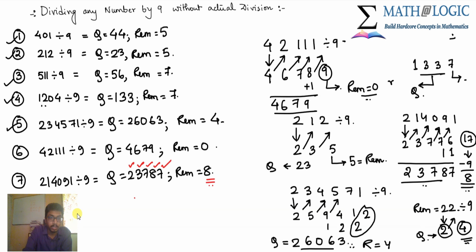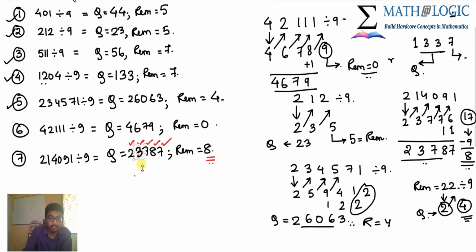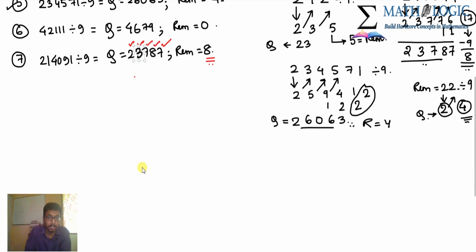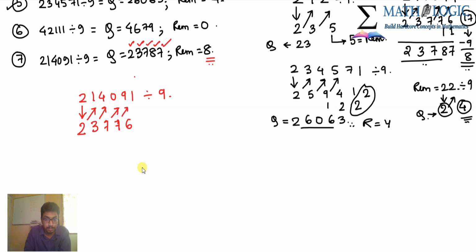See, once again I am doing the 7th number. 214091, it is to be divided by 9. So first we will write 2 over here, then 2 plus 1 is 3, 3 plus 4 is 7, 7 plus 0 is 7, 7 plus 9 is 16, 16 plus 1 is 17, but it is bigger than 9.